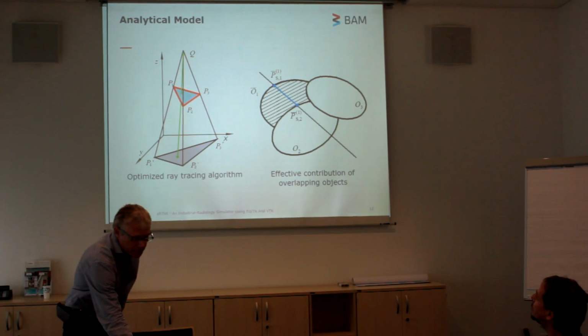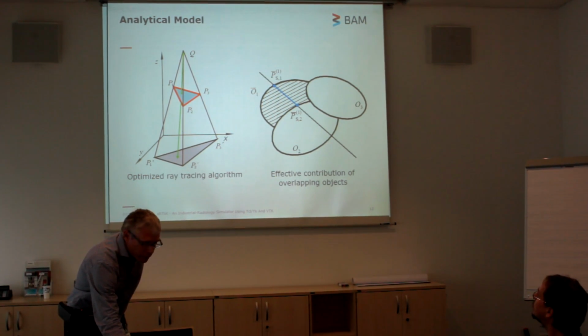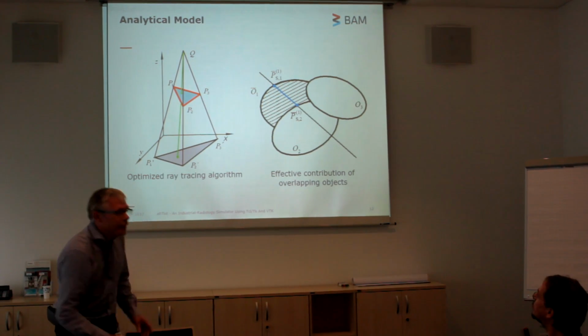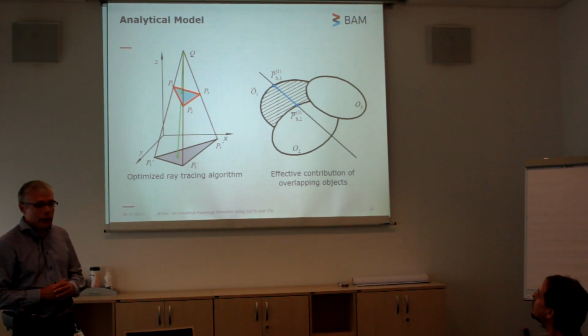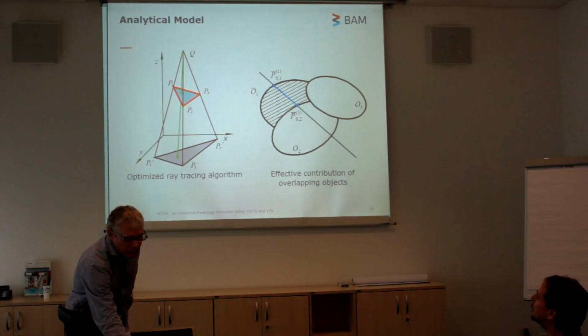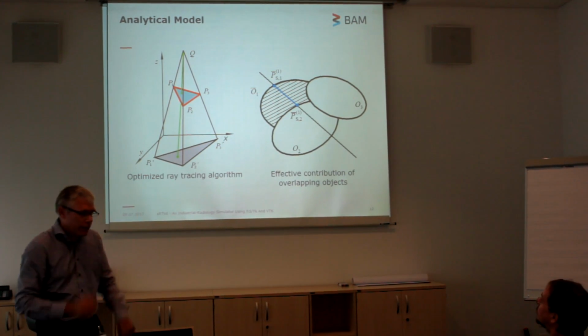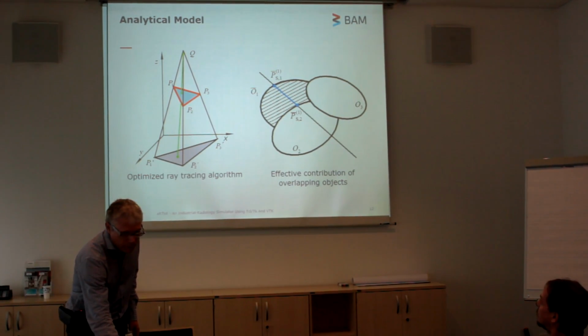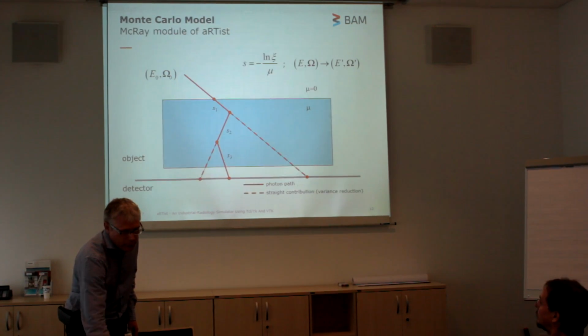First we project all the triangles to the detector, and then we know which ray will hit which triangle, and so we avoid the heavy computations to figure out if the interaction point between ray and triangle is inside or outside. Also, overlaying of objects is handled. I will go to that later on.